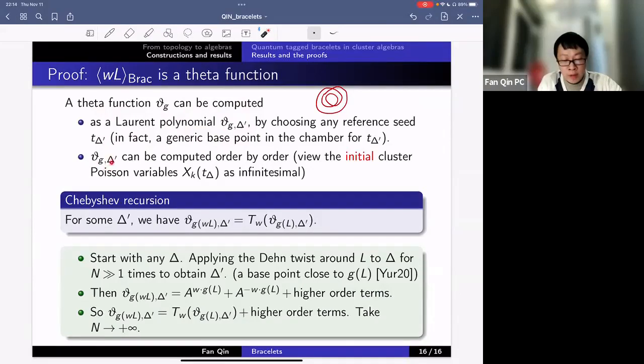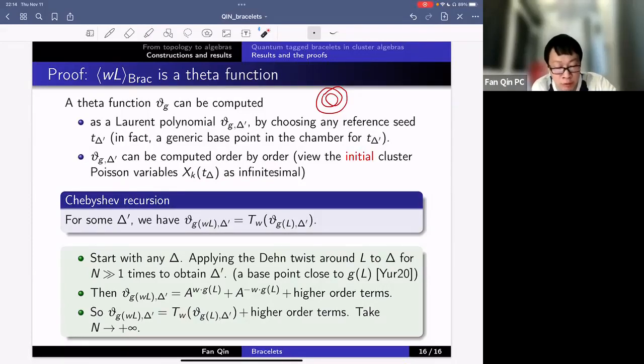And now this Laurent polynomial can even be computed order by order, in a finite order scattering diagram. By order, I mean that you view the initial cluster variables in the initial seed as infinitesimal. So the higher the order of the initial cluster variables, the smaller you view it.